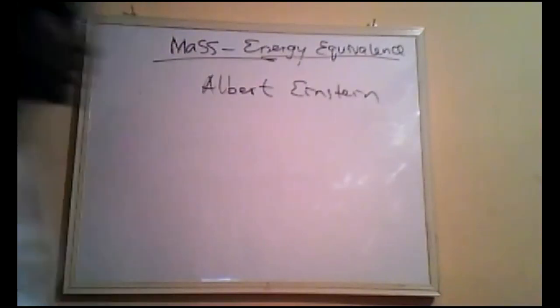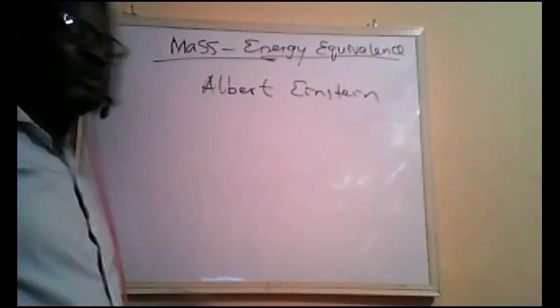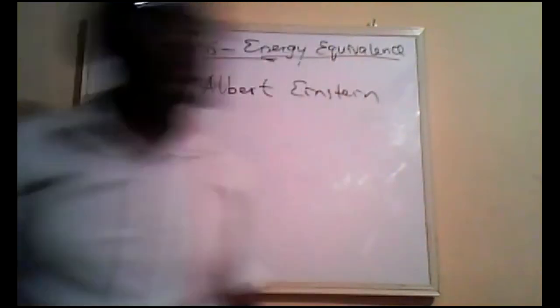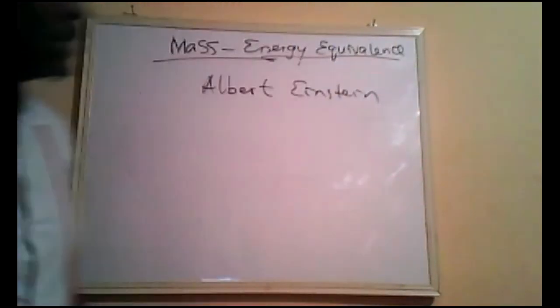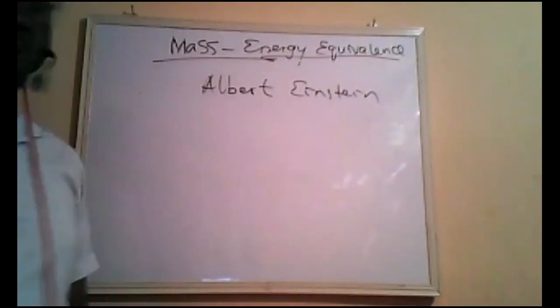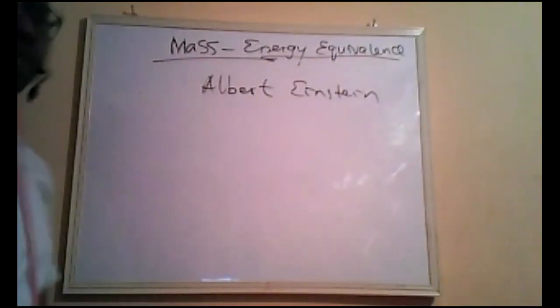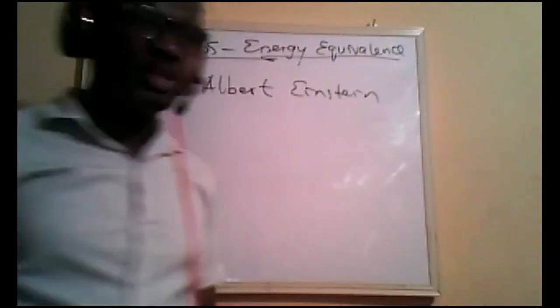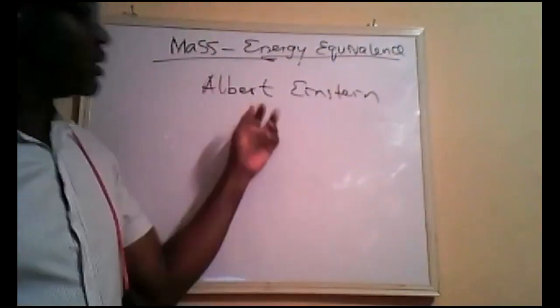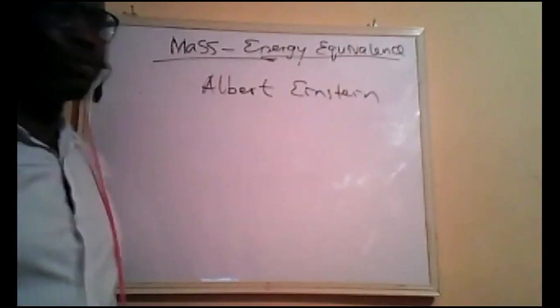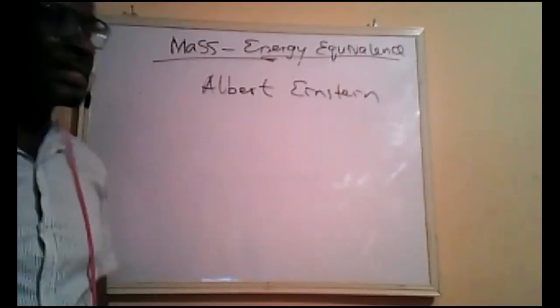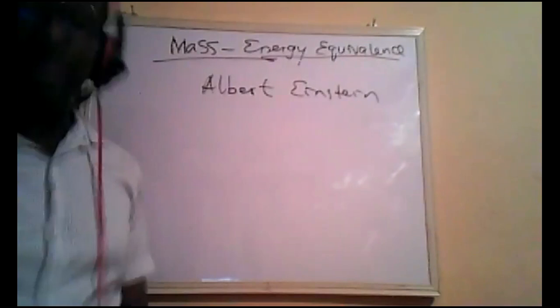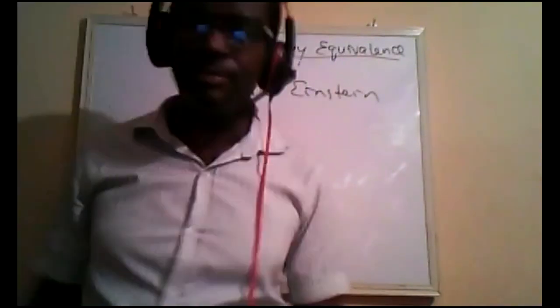Under classical physics, classical mechanics, we often talked of energy: energy can neither be created nor destroyed, but can be changed from one form to the other. But that was disproved by Einstein: mass can be destroyed.